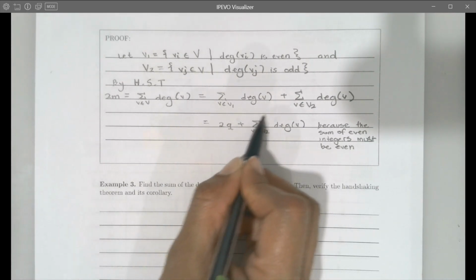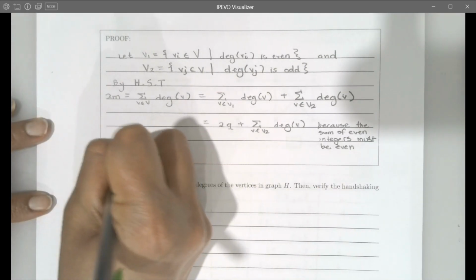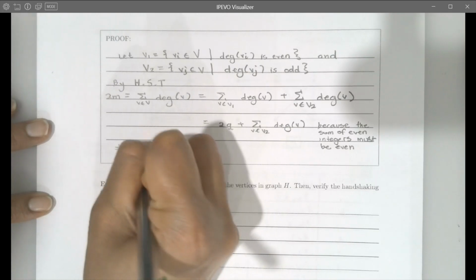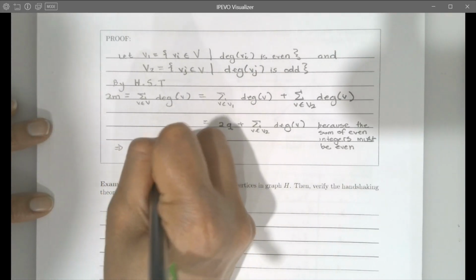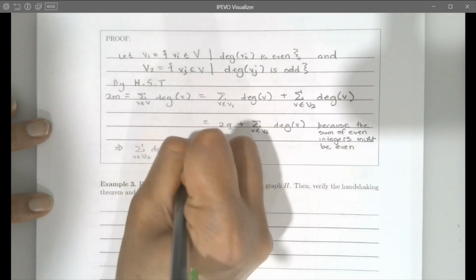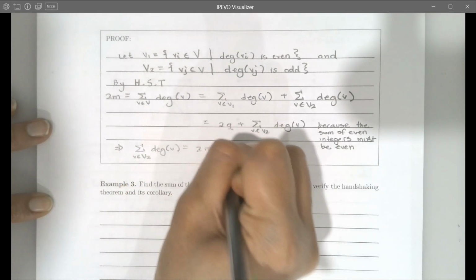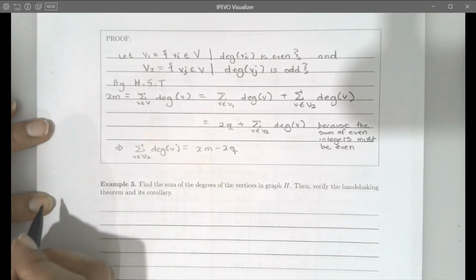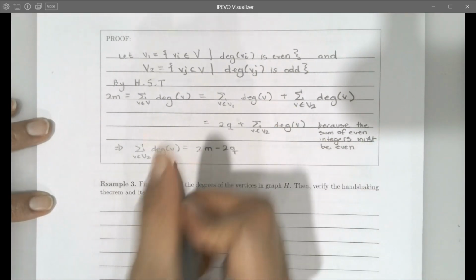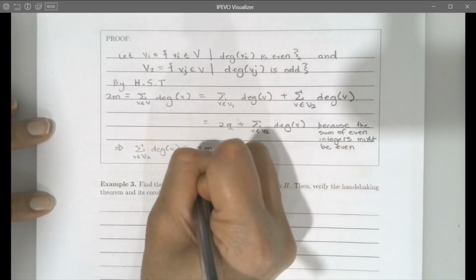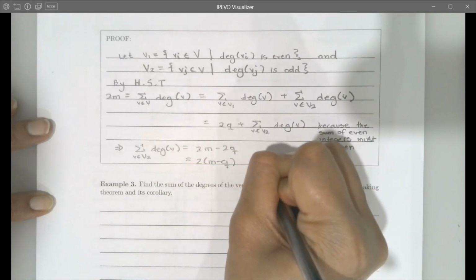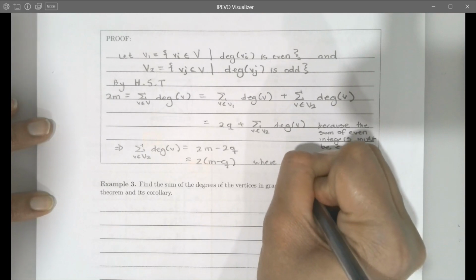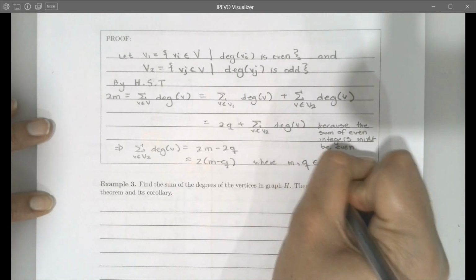So if we solve for that, the sum of degrees of nodes in V2 is going to equal 2m minus 2q. And that is an even number, right? Because that is 2 times m minus q, where m and q are integers.